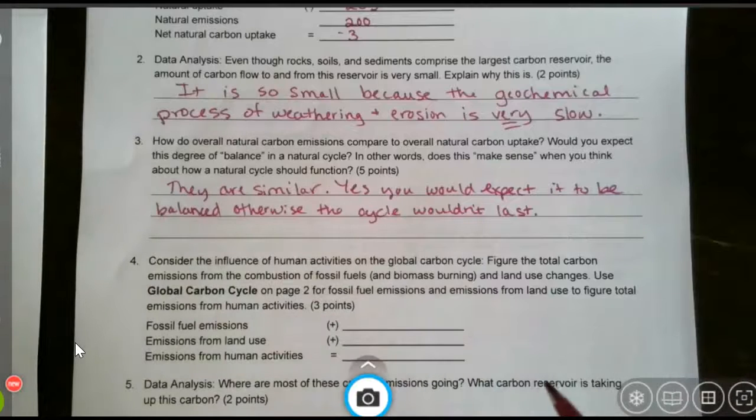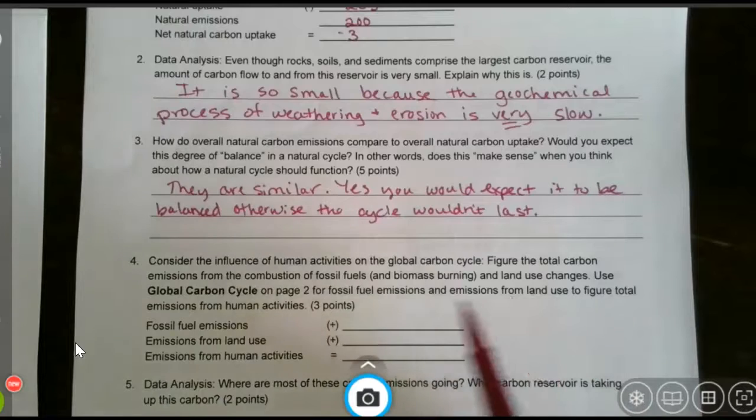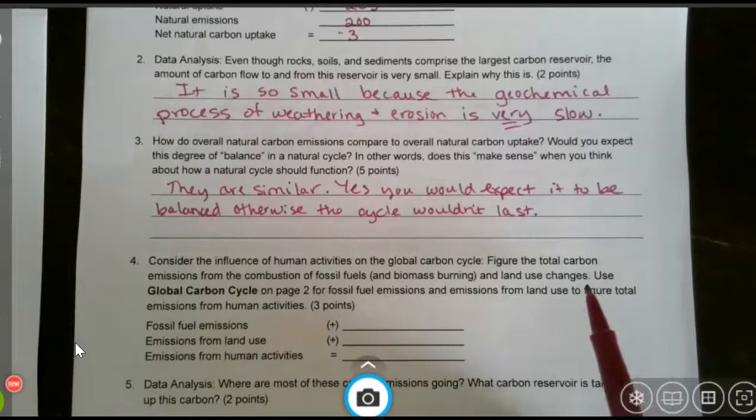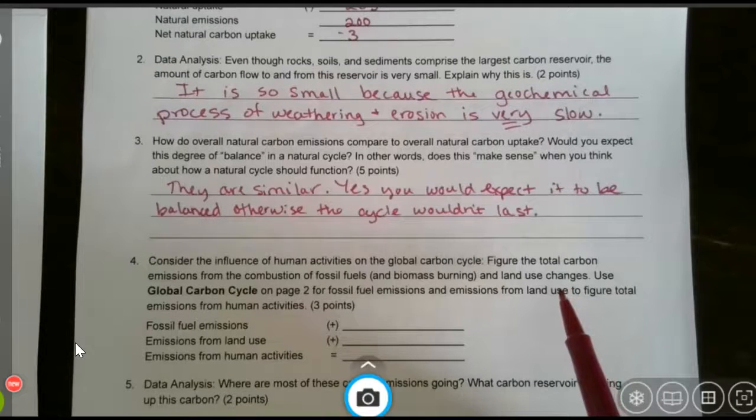But anyway, land use would be burning of forest, deforestation, and things like that. If we remove part of the biosphere that actually absorbs carbon dioxide, that's a land use change.